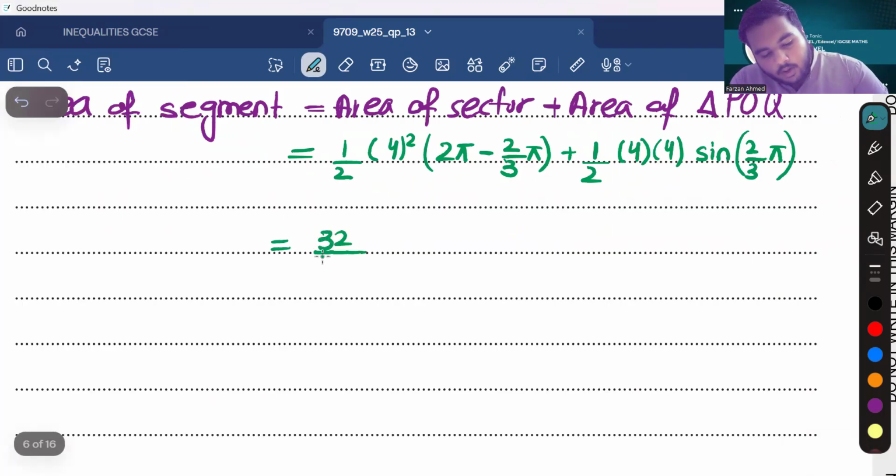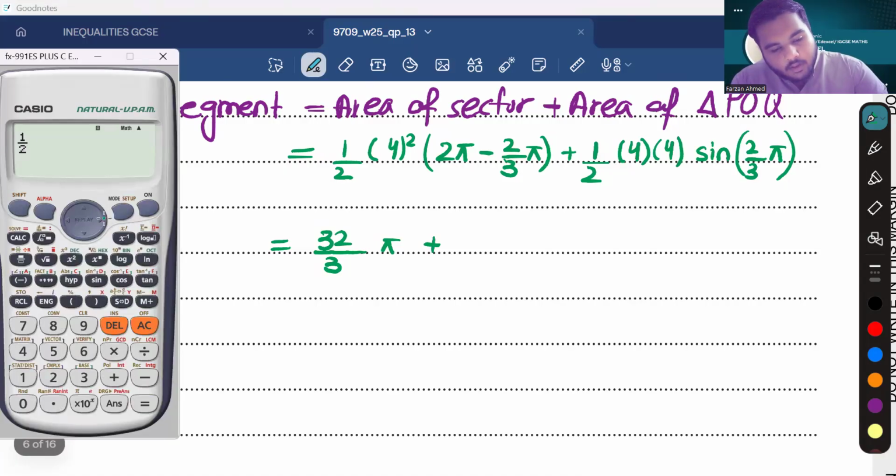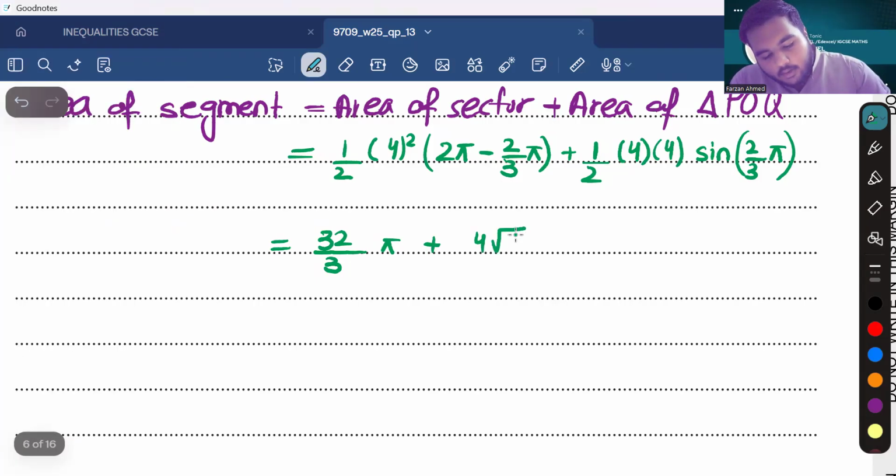Plus 1 upon 2 bracket 4 square sine 2 upon 3 pi, so this will be equal to 4 root 3.